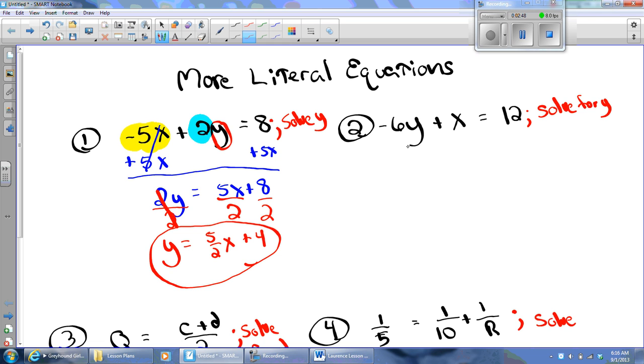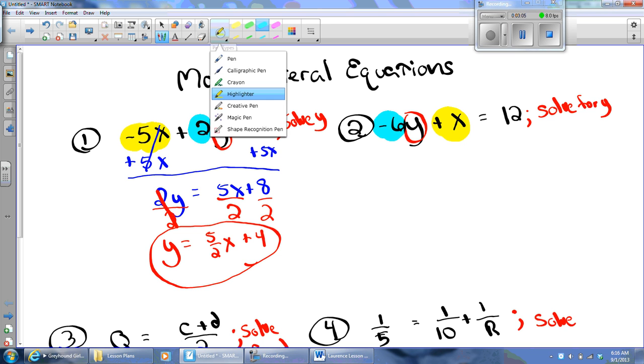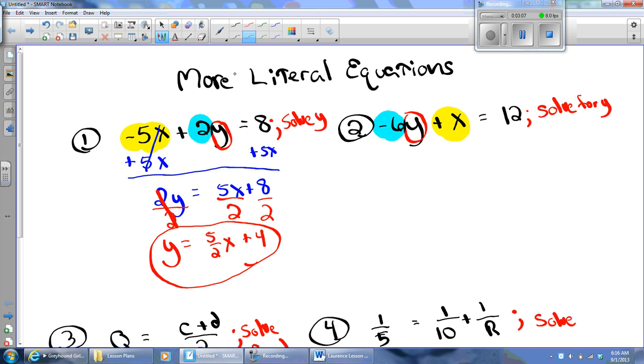All right, going to come up to number 2, same situation, going to solve for y, and I've got an x attached by addition and a negative 6 attached by multiplication. So I'm going to get rid of the addition first, subtracting x, and then I'm going to get negative 6y, which is going to equal negative x plus 12.